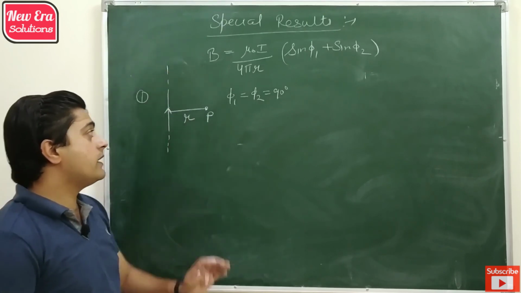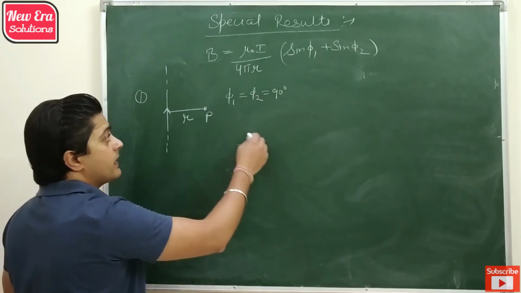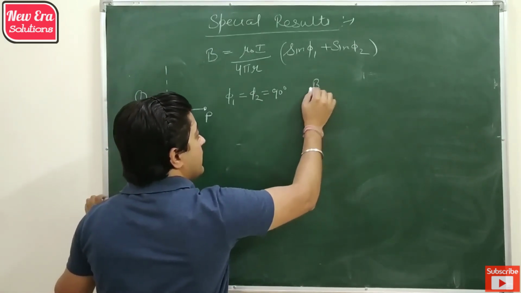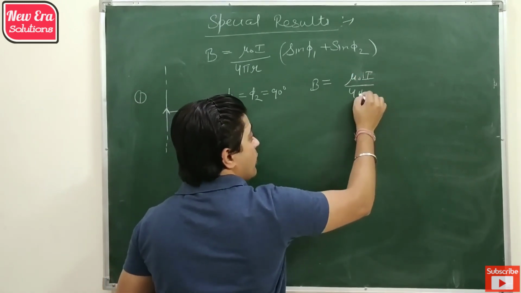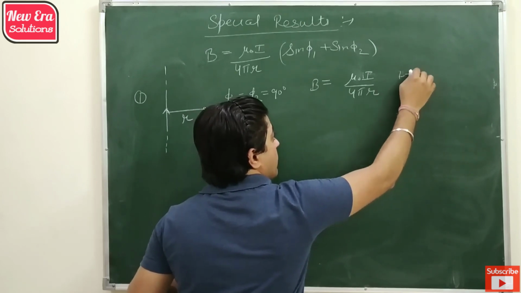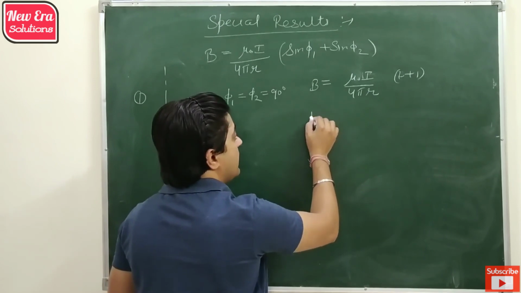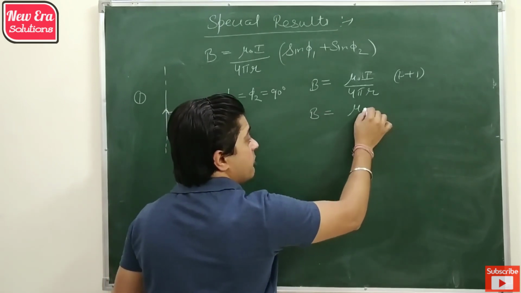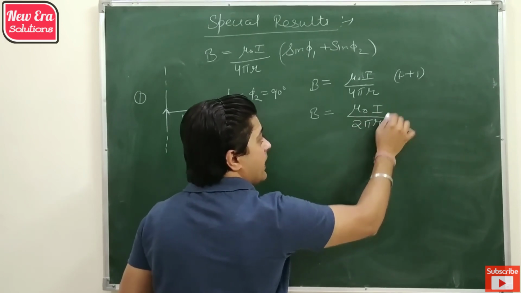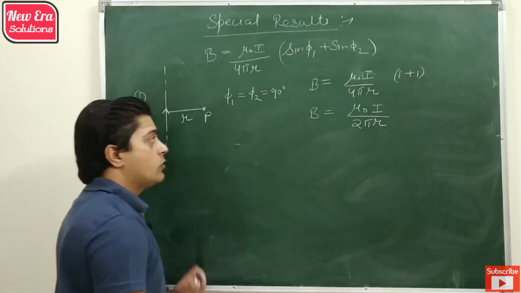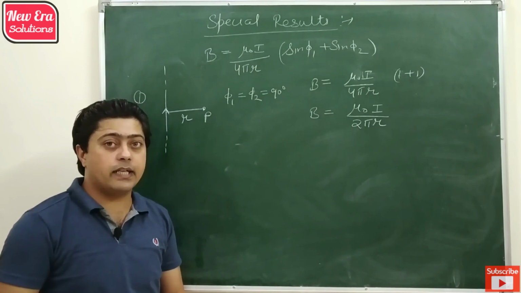So we have to cover 90 degree angle to reach the edge of conductor. So in that case magnetic field is equal to mu naught I by 4 pi r times 1 plus 1, because sin 90 is 1. So the magnetic field we get finally due to infinitely long wire is mu naught I by 2 pi r, because 4 is divided by 2. So this is the magnetic field due to an infinitely long current carrying conductor.